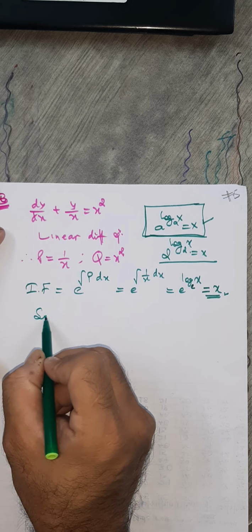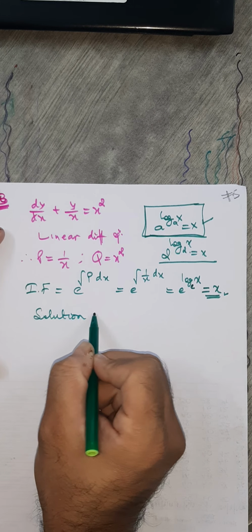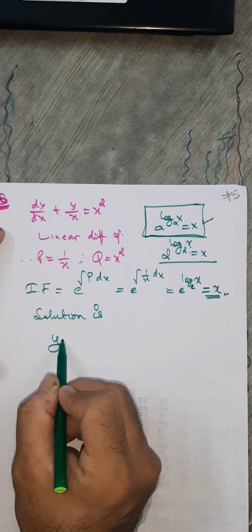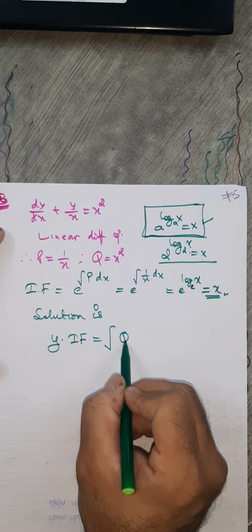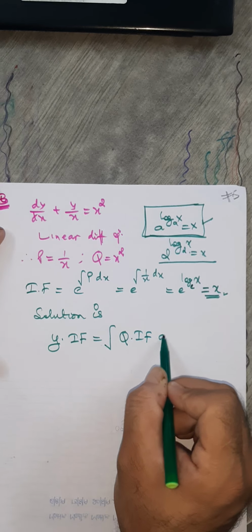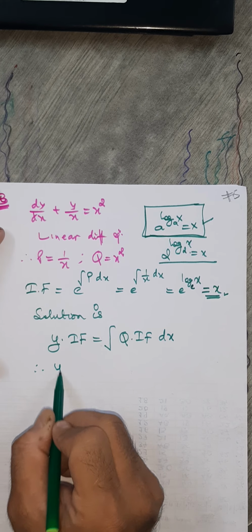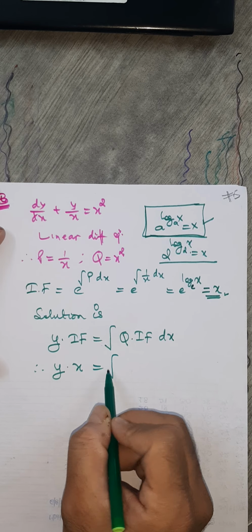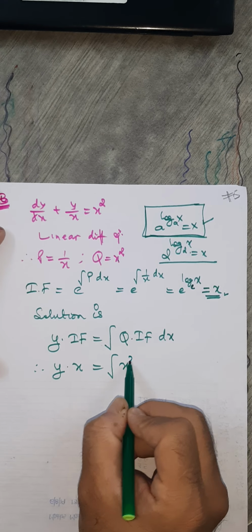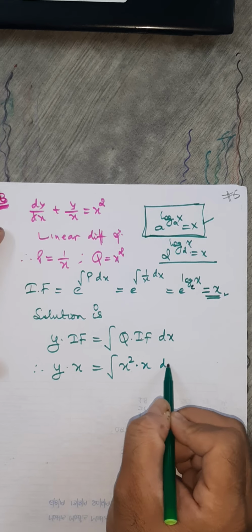Now we write solution is here. What's the solution? Y into integrating factor equals to, inside the integral, q into integrating factor, the whole dx. What is the integrating factor? Here x. What is q? That is x squared into x, the whole dx.